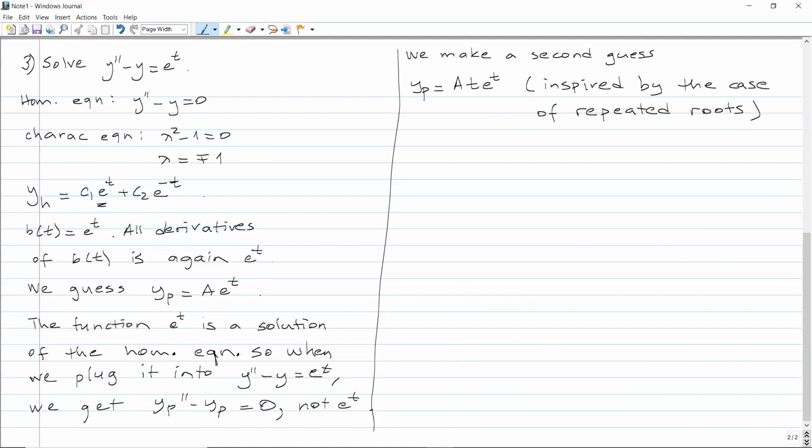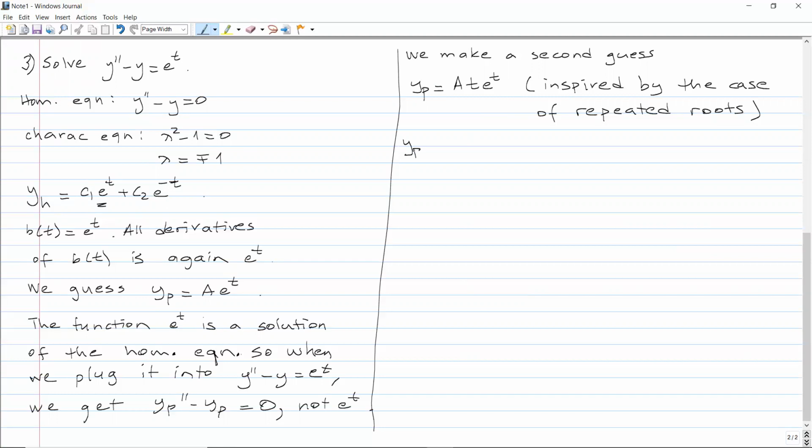So here, we guess that it might also work in this case, since e to the t is a solution of the homogeneous equation. For the non-homogeneous equation, we multiply e to the t with t. So let's see if this is going to work out.